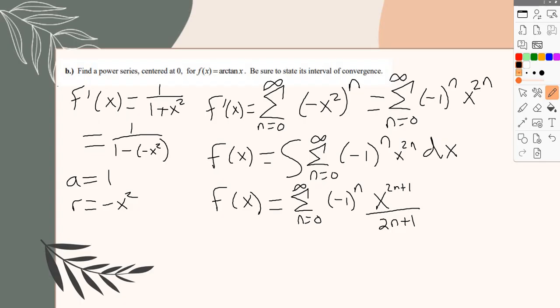I am just adding 1 and dividing. And if we wanted to write that a little bit nicer, what might we do? Start at 1. So I would have negative 1 to the n minus 1 times x to the 2n divided by 2n. But those are equivalent, so you could have either one.